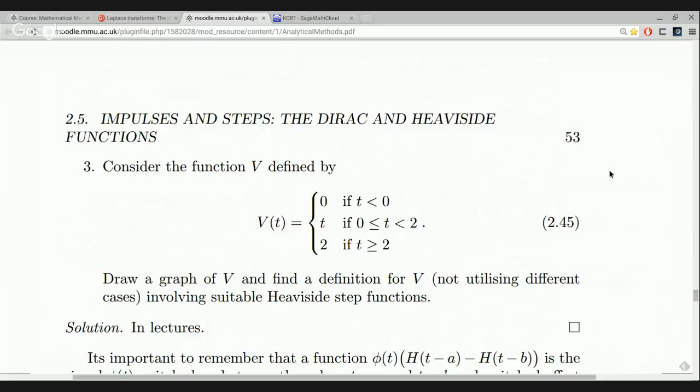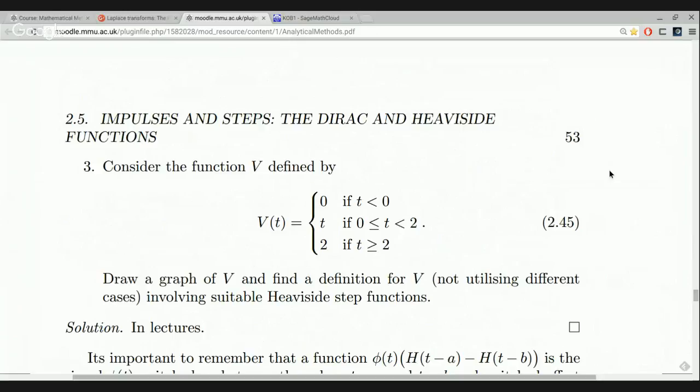Find a definition for V not utilizing the different cases construction. So it's equal to this if t is this, equal to that if t is that, equal to the other thing if t has another property. But just a single expression for it using a combination of Heaviside functions, which is this kind of expression.